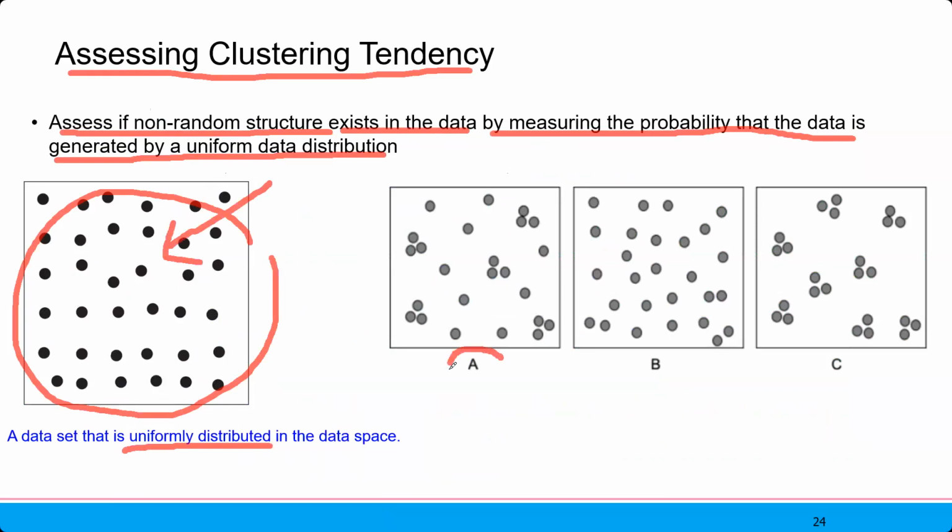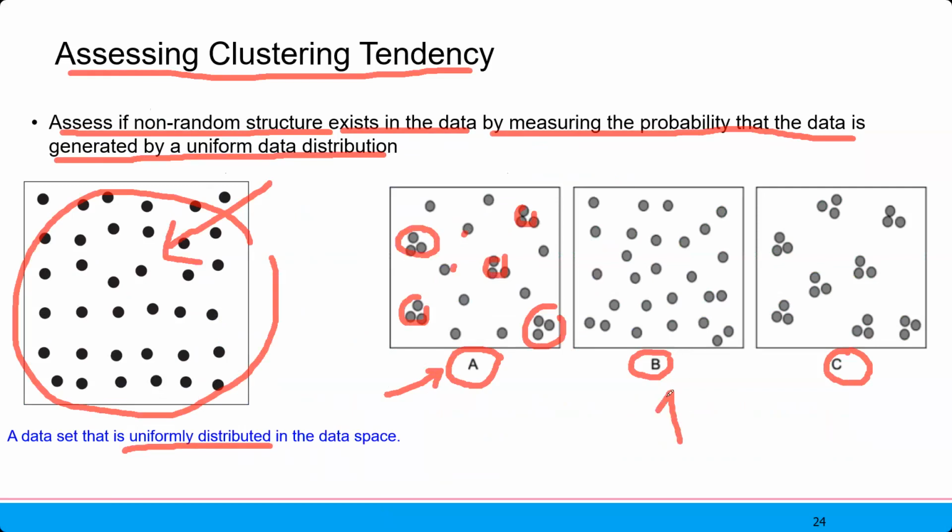Now I have another data, A, B, and C. If you look at the data A, is there any tendency to make clusters? Somehow 50-50. Because I can see this is clusters, but this is not.